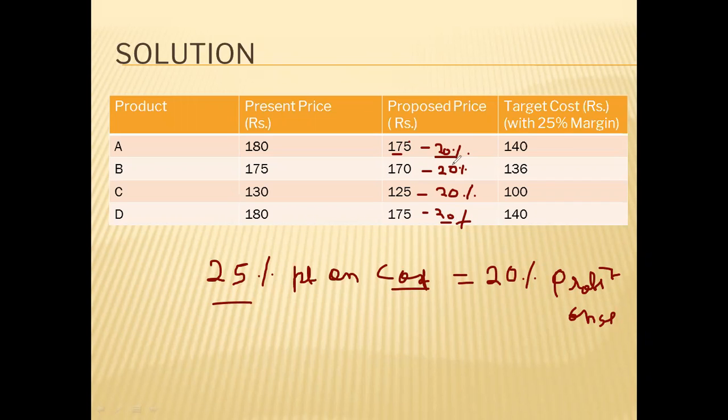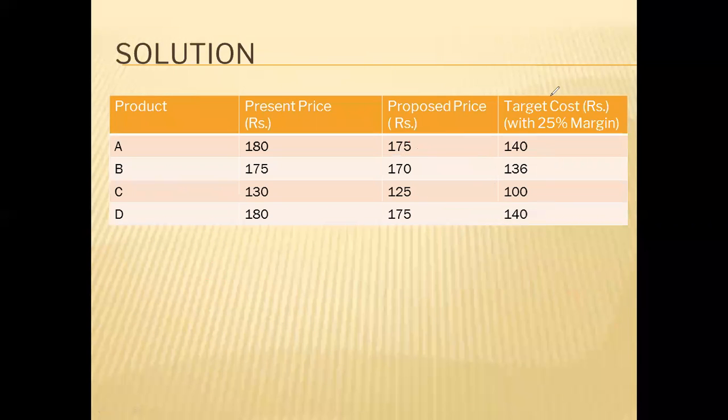Understood? So 175 minus 20%, 170 minus 20%, 125 minus 20%, and 175 minus 20%. You will get the target cost. This is the conversion of profits: 25% profit on cost means 20% profit on selling price. Clear, everybody? You can note down this illustration.